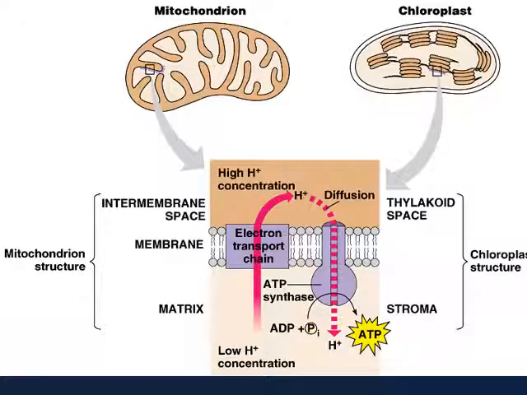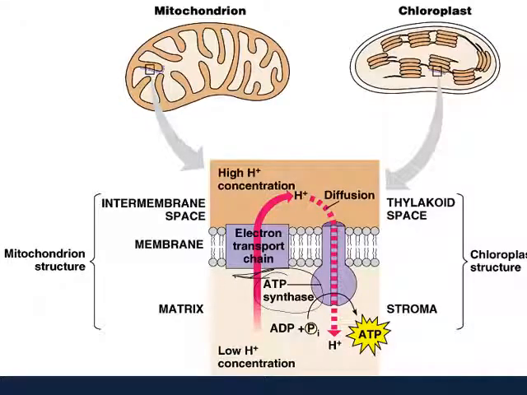And I like this picture because it shows you the similarities between the mitochondria and the chloroplast. Again, remember very way back in the beginning when I talked about cell theory, we said the mitochondria and chloroplasts are unique in that they each have their own DNA. They can actually self-replicate inside the cell. What also makes them unique is they both have electron transport chain systems set up, and they both use ATP synthase.